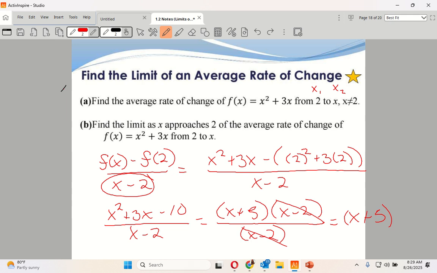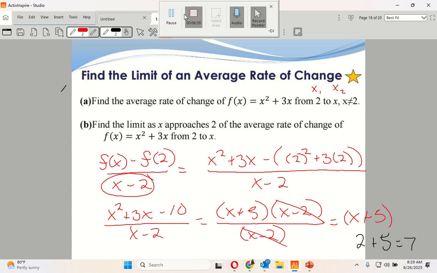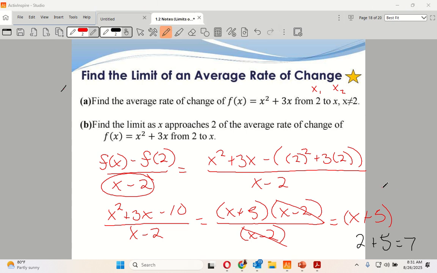So I could say that the limit as it approaches 2 is going to be 2 plus 5, which is 7. I did not write a note for this one. I was slacking this morning. Okay, so there we go. So now we have found the average rate of change.